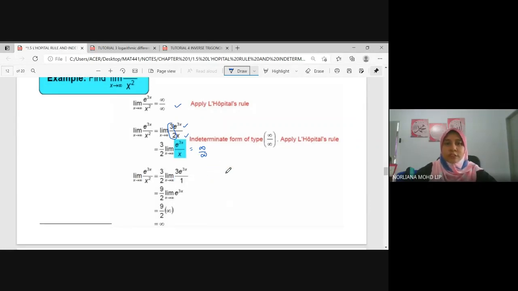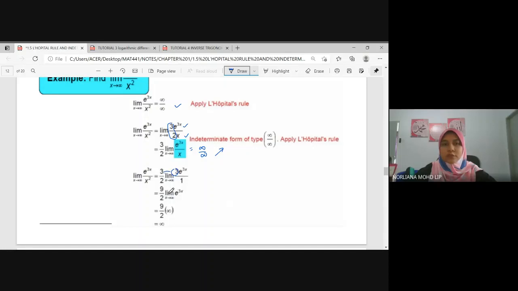Then we have to differentiate one more time. We got an indeterminate form again, so we have to differentiate once again. So differentiating this, we get 3e to the power 3x over, differentiating the denominator x, we get 1. So we can bring this coefficient in front.